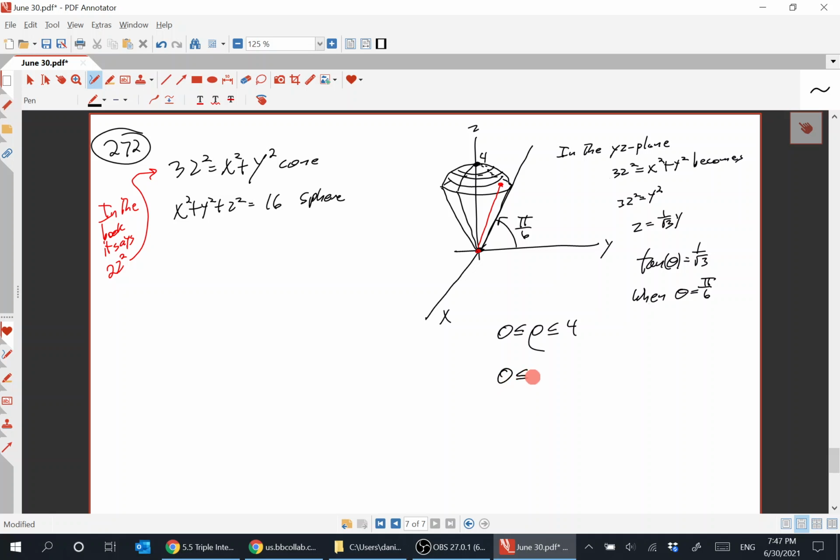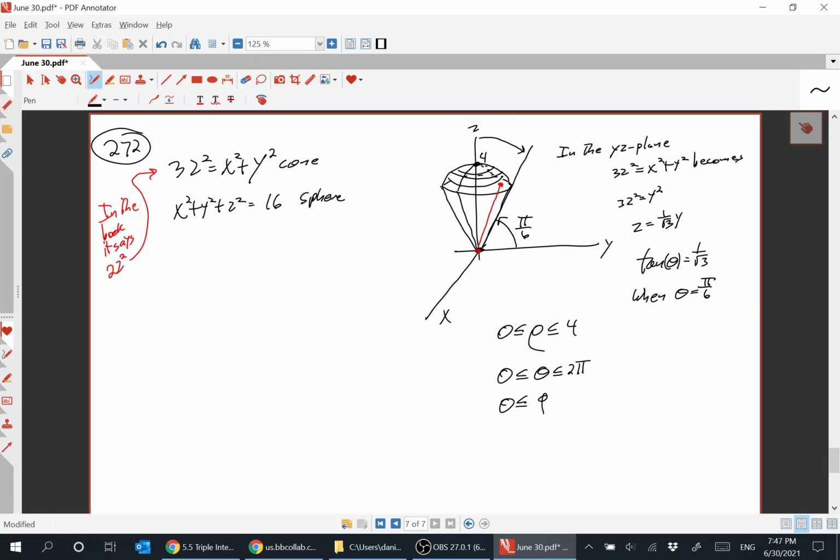And then theta, this was doing a full rotation, so 0 to 2 pi. And then the phi, right? So the phi is going from here to here, so that's not 5 pi over 6.